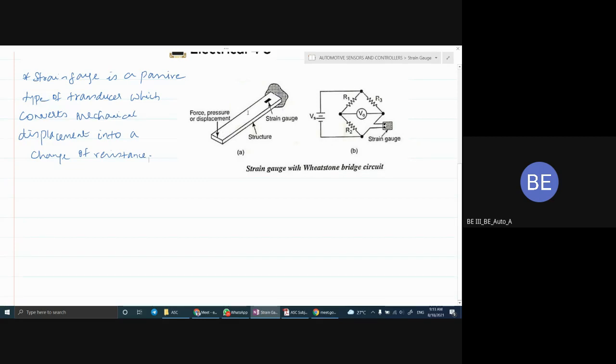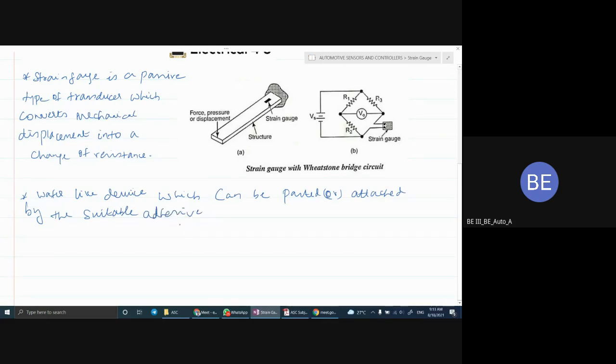It is a wafer-like device which can be attached or pasted by a suitable adhesive.